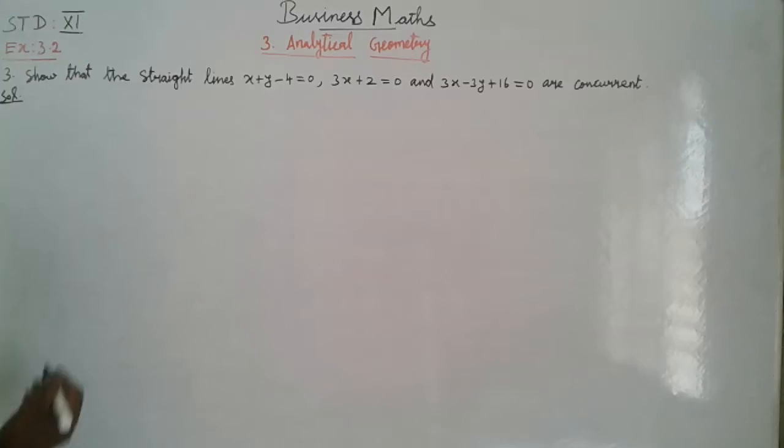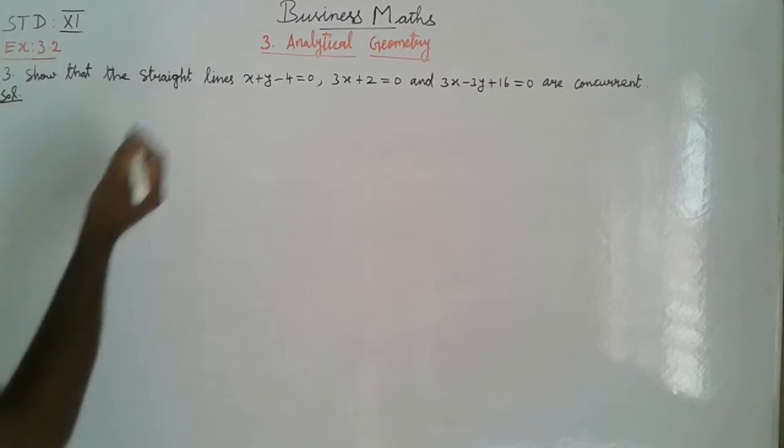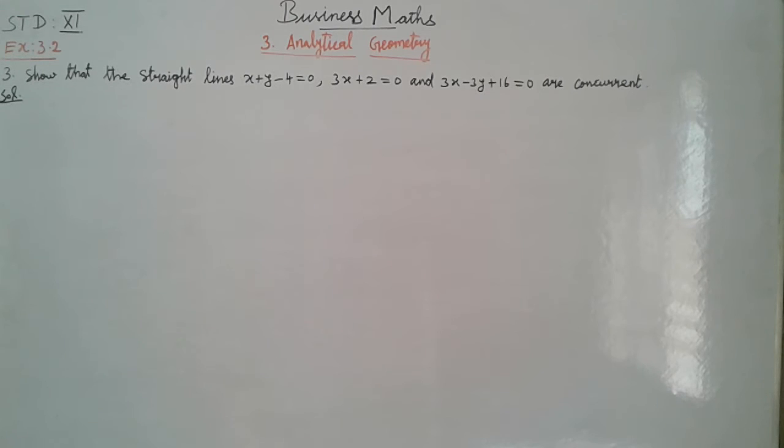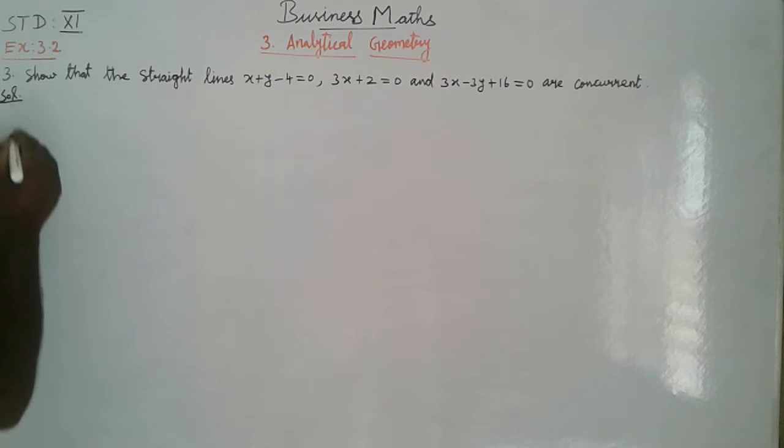That's all. Third sum: show that the straight lines x plus y minus 4 equals 0, 3x plus 2 equals 0 and 3x minus 3y plus 16 equals 0 are concurrent.